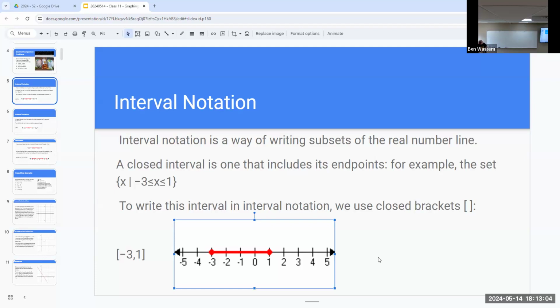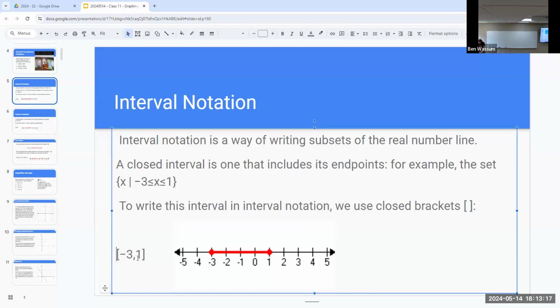So that's considered a closed interval because neither side is open. Neither side is open circle, not included. So what you do for a closed interval is anytime you have a point where it's or equal to, so it's including that value, you will use a bracket.